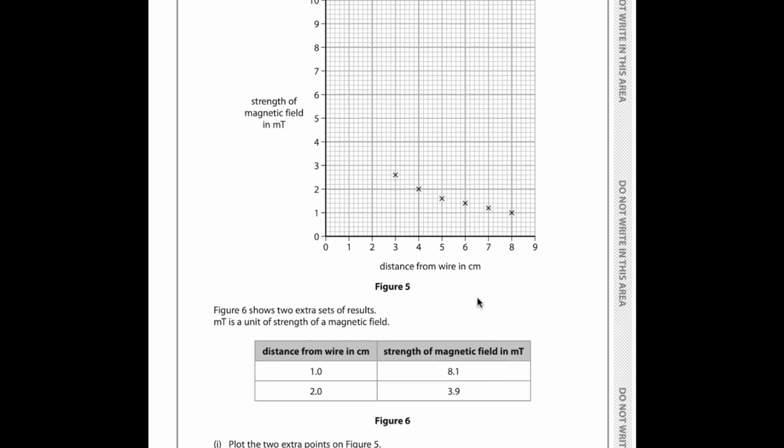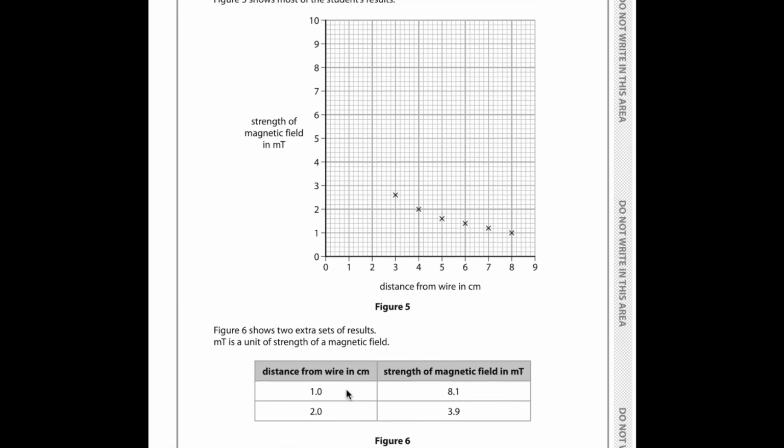And then part 2 says draw a best fit curve. Right, let's do that then. So when it's 1 centimetre, it needs to be 8.1 milliteslas. Now there's 5 divisions in between 8 and 9, so each one is 0.2, and we want 8.1.